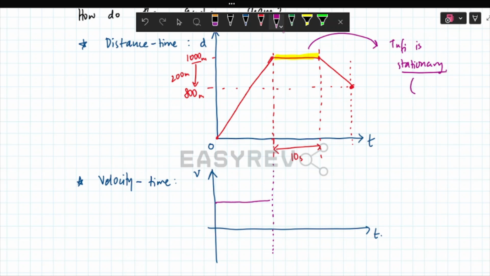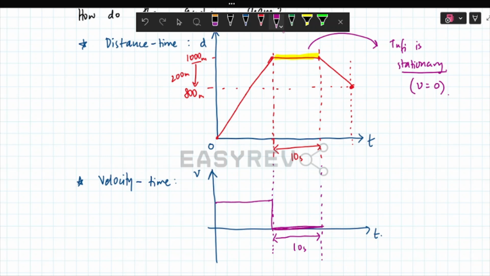When Tufi is stationary, that is to say his velocity is 0. For that duration, from this starting point up to, let's say, these 10 seconds that I've marked here similarly, we find that Tufi does not move, and so his velocity will abruptly drop to 0 and then stay 0 during the next 10 seconds.